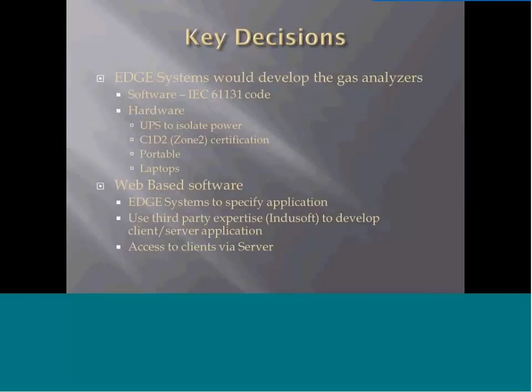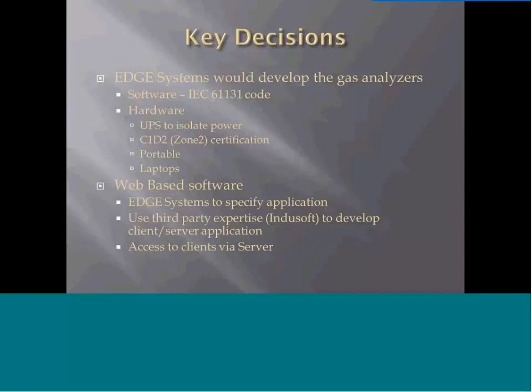What were our key decisions when we started off this project? We decided that our core competence was in developing process control systems dealing with hazardous environments at the rig. So we effectively developed all of the PLC real-time code using IEC 61131.